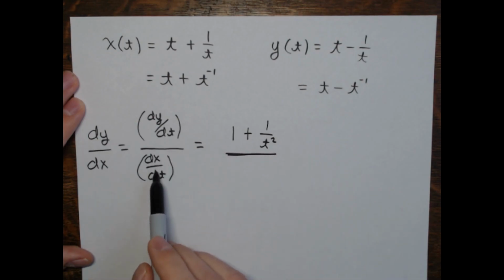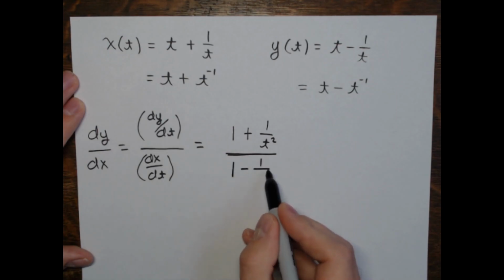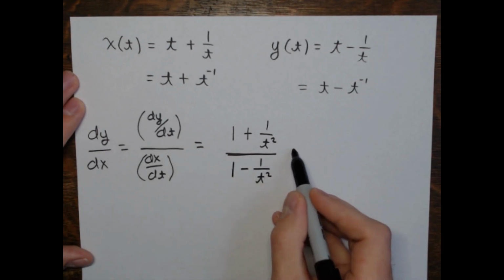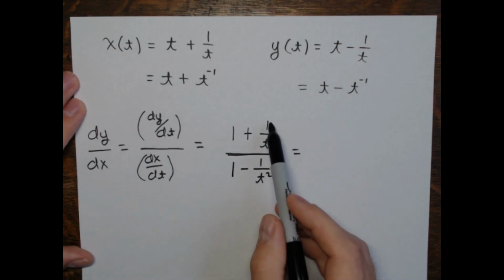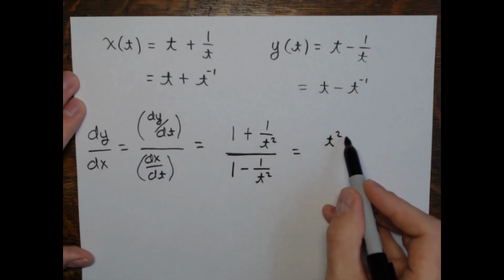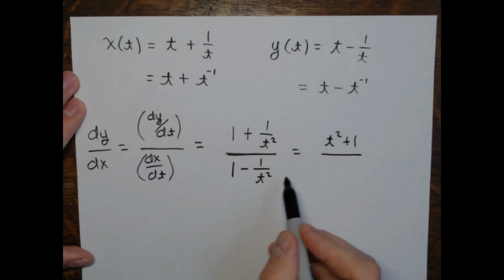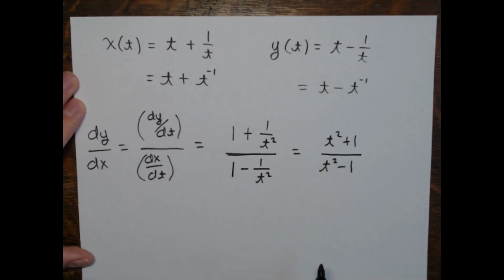And then dx/dt would be 1 minus t to the negative second, so 1 minus 1 over t squared. Now, this is a complex fraction. If I multiply the top and bottom by t squared, the numerator would be t squared plus 1, and the denominator would be t squared minus 1.